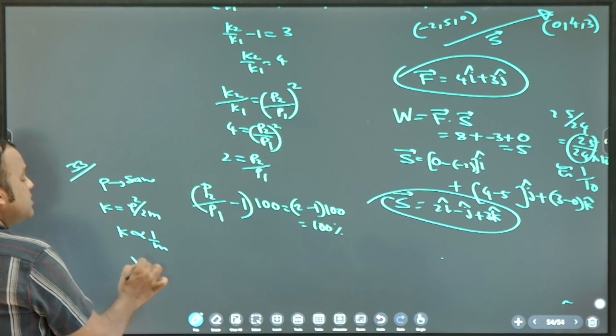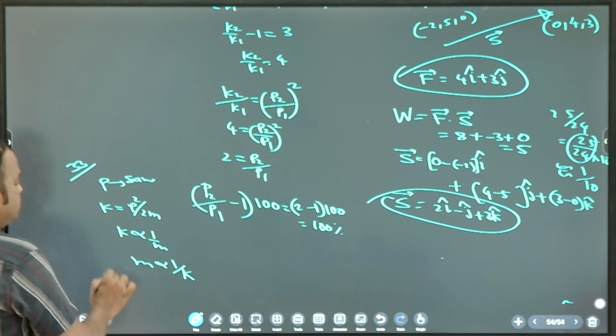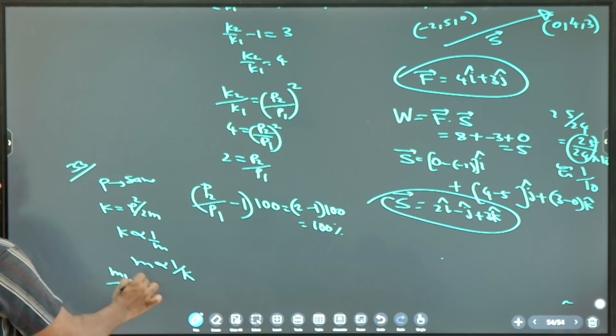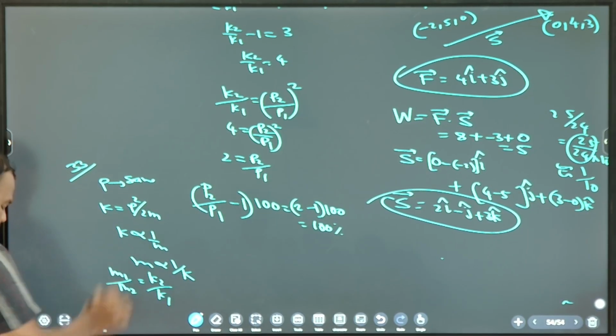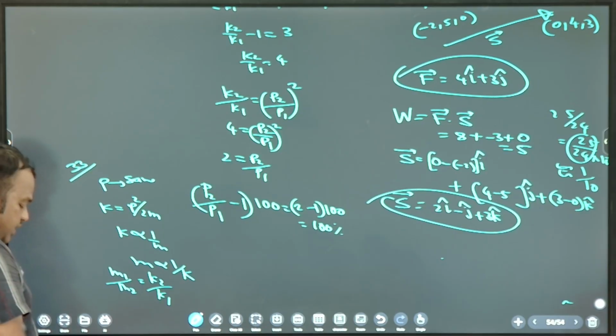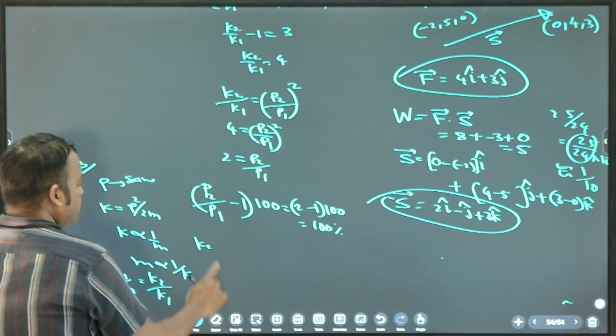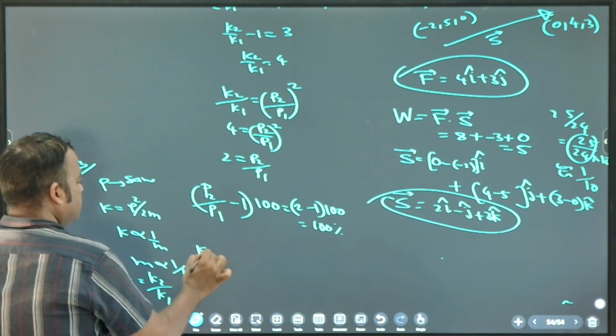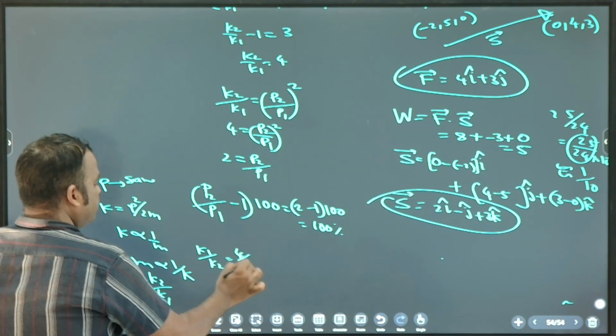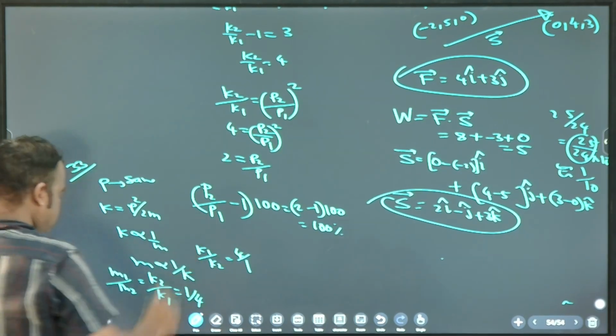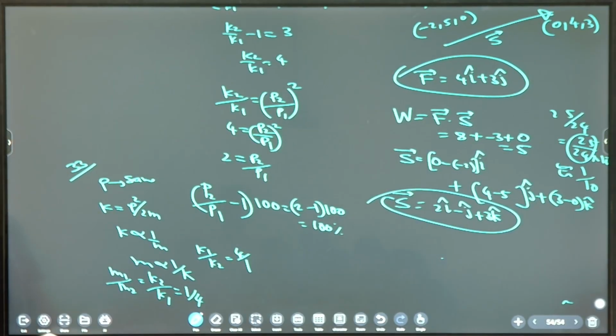So m is inversely proportional to K. So what is m1 by m2? It is K2 by K1. And K1 by K2 is 4 by 1, so this is 1 by 4. Fourth option.